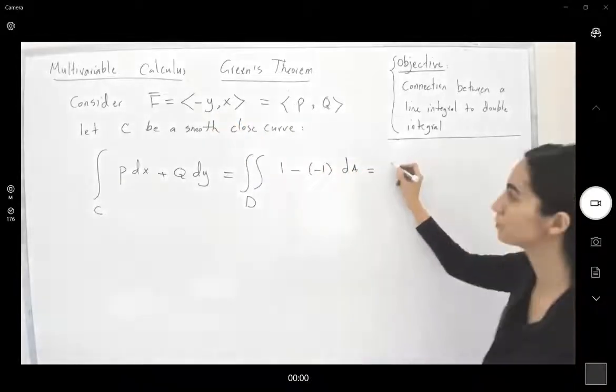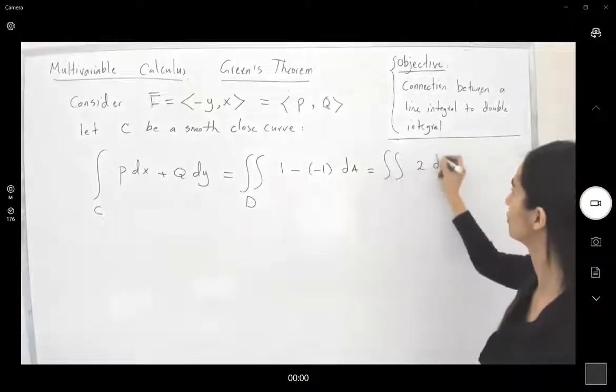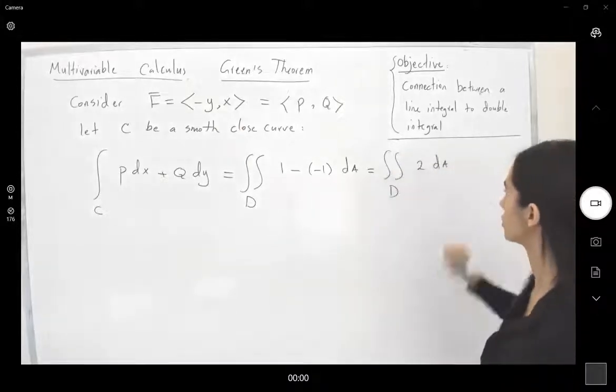It is equal to 2 times the double integral of dA over region D.